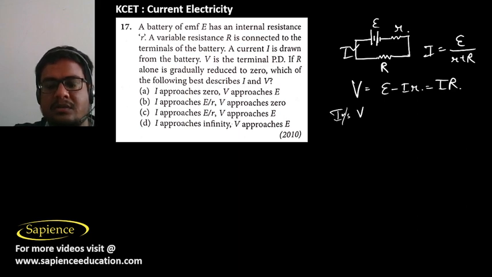R is gradually reduced to 0. So V is equal to IR. So simply I can say I is equal to V by R.